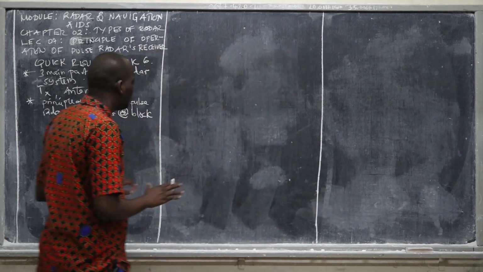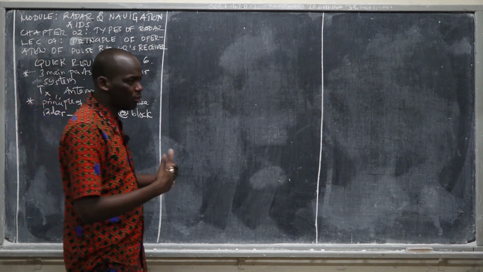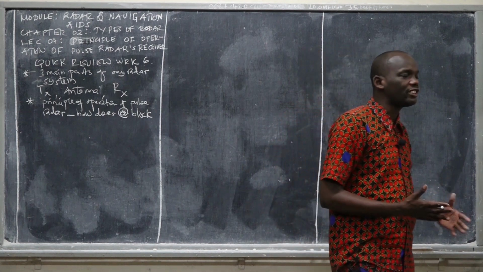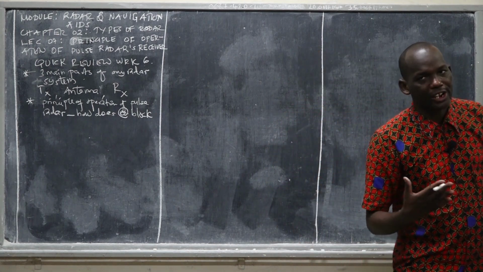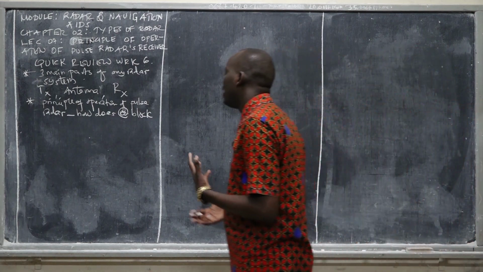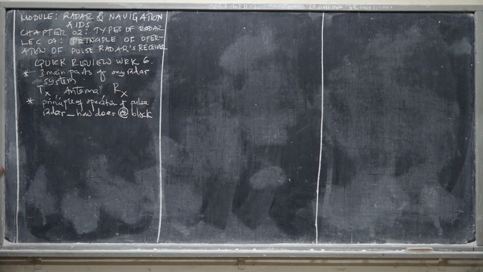So whenever you are asked the principle of operation, we have to explain the primary function of each block. Because sometimes in the general block diagram of the PAS radar system, you might find that one block performs more than one function. So you have to identify the primary function, and then include it in the principle of operations of the PAS radar in case you are asked to do so.